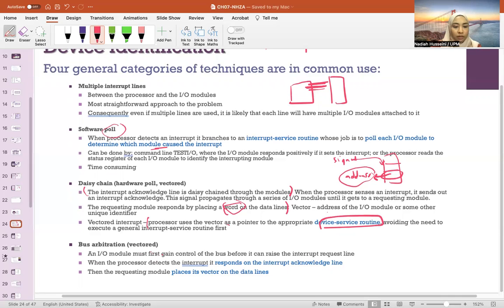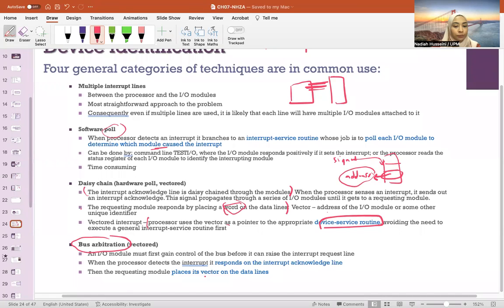So an IO module must first gain control of the bus before it can raise the interrupt request line. Obviously, for us to use the bus, we must always request. And then when the processor detects the interrupt, it responds on the interrupt acknowledge line.